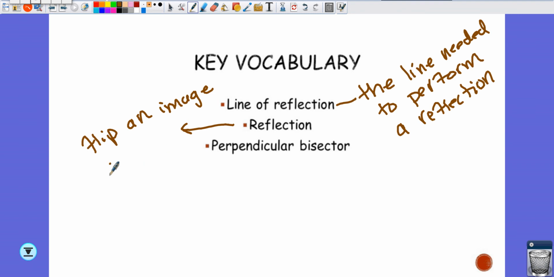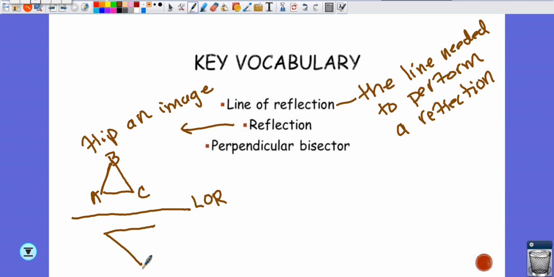So here's what I mean. If I have a pre-image, and I'll call this A, B, C, and here's my line of reflection. When I get the reflection, here is C prime, this is A prime, and this is B prime.